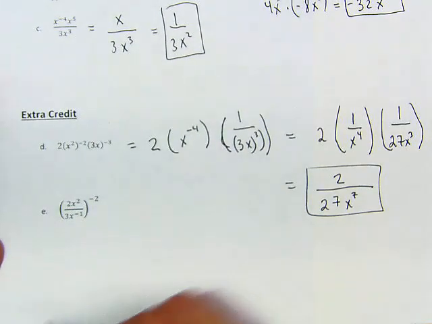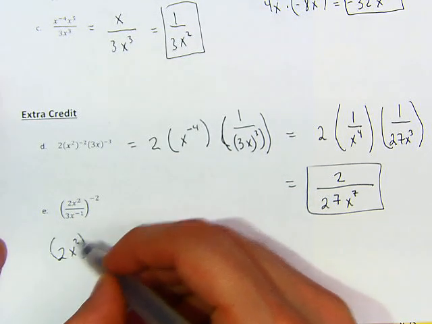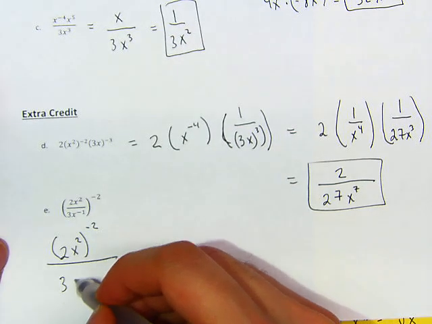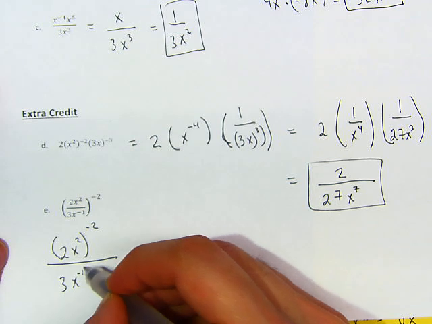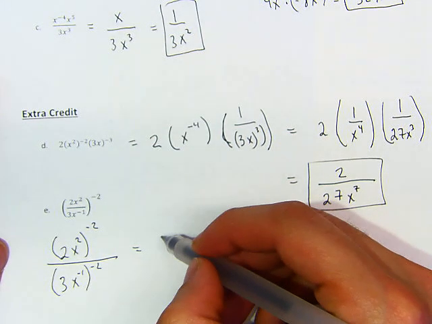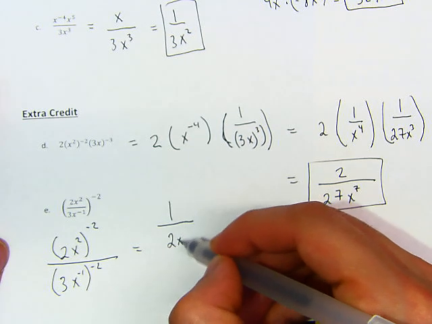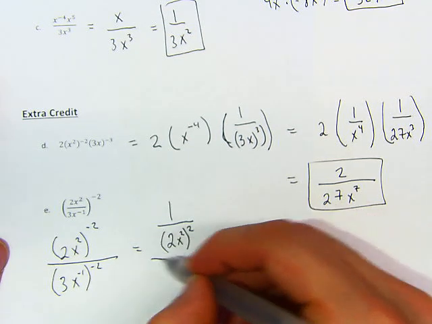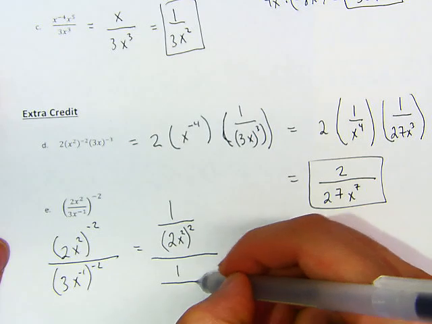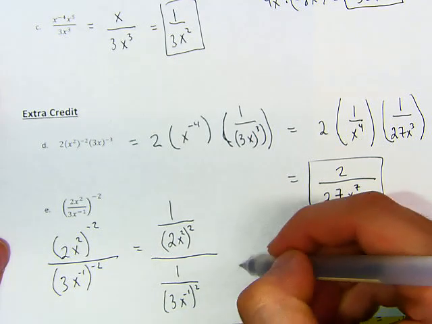All right, last one. This one becomes 2x squared, the whole thing to the negative 2, over 3x to the minus 1, the whole thing to the minus 2. So then this becomes 1 over 2x squared, the whole thing squared, over 1 over 3x to the minus 1, the whole thing squared.